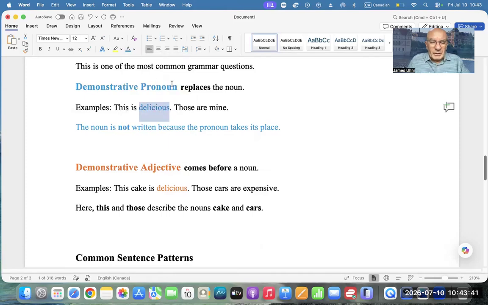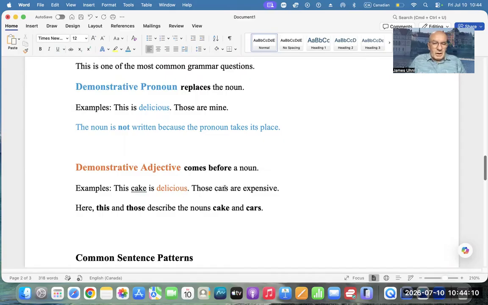I explained that already when I was talking about pronouns. In this sentence, there is no subject. Here is the subject, and the subject is cake. So we have delicious cake. That's why it is an adjective. I will only underline it so you know what I'm talking about.